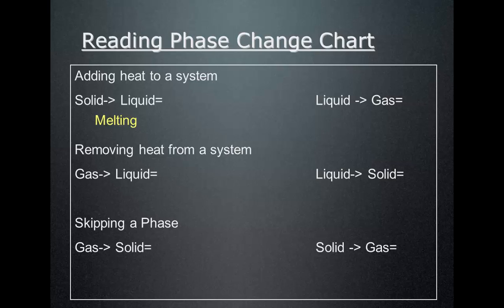Or if we have heat and we change a liquid to a gas, there's a few words we can use. Evaporate, vaporize. Sometimes we say boil, although usually we're talking about water. Vaporization is probably the one that's used most scientifically.